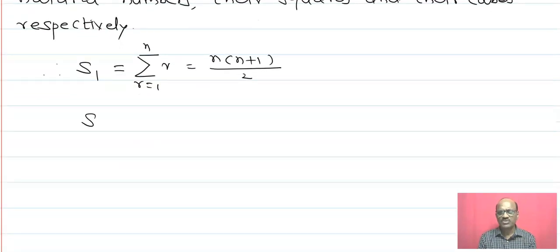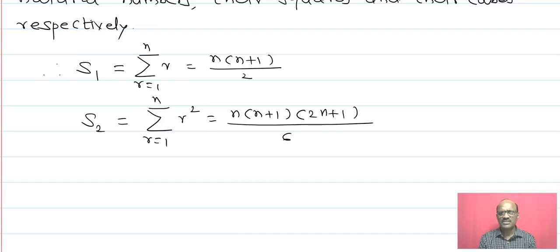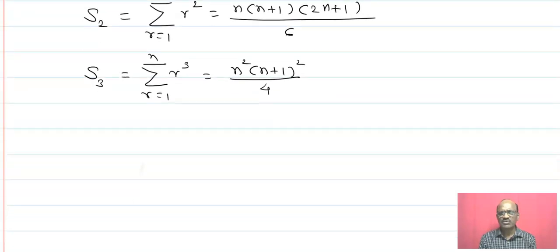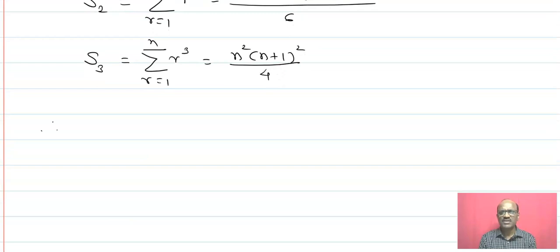So I have to substitute only the values. S2 is equal to the summation of r square, that is n into (n plus 1) into (2n plus 1) upon 6. And the last is S3, the summation of r cube, r equals 1 to n, is equal to [n into (n plus 1) upon 2] whole square, which means n square (n plus 1) whole square upon 4.